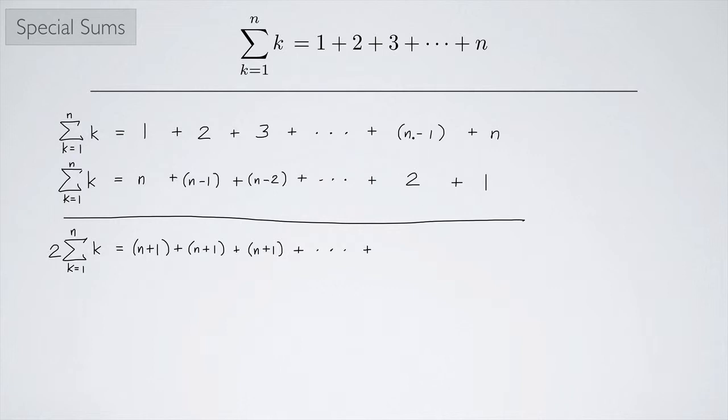So 2 plus n minus 1 is n plus 1, and then at the end I have an n and a 1, that makes n plus 1. And how many of these terms do I have? Well, I have n of them. So that's really the same thing as n times n plus 1. And to get the sum, all I have to do is divide the 2 over to the other side. So I would get a formula that looks like this.